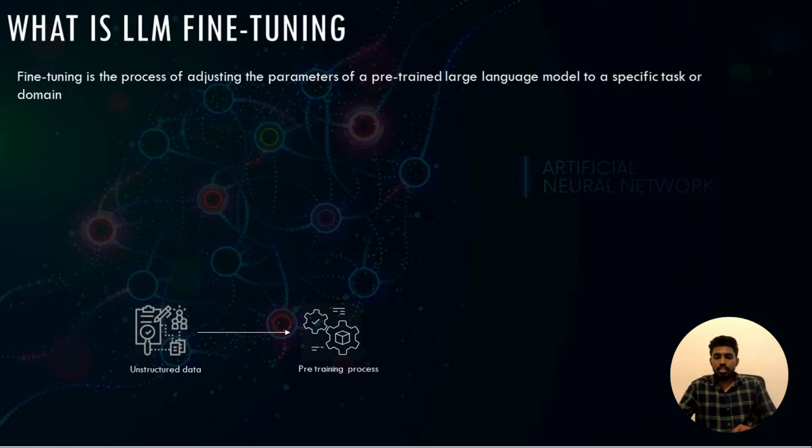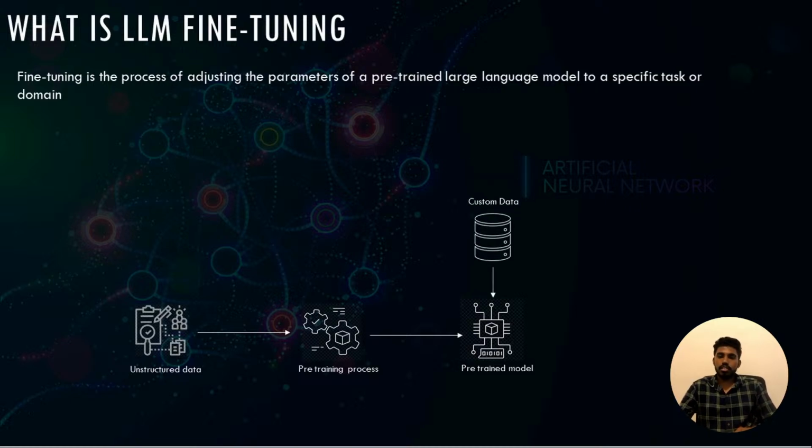After the pre-training part, we have a pre-trained model, that means the LLM. Now we can fine-tune this model with custom data. If we have a custom dataset, we can feed it into that pre-trained model, and straight away the model will answer according to that custom data.